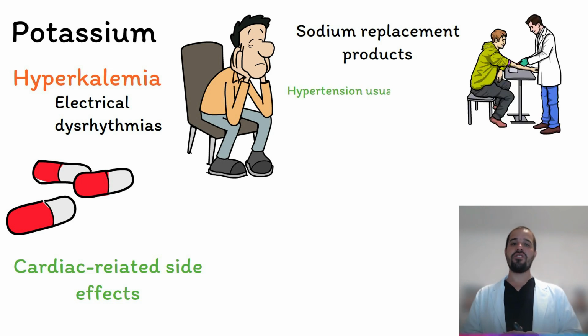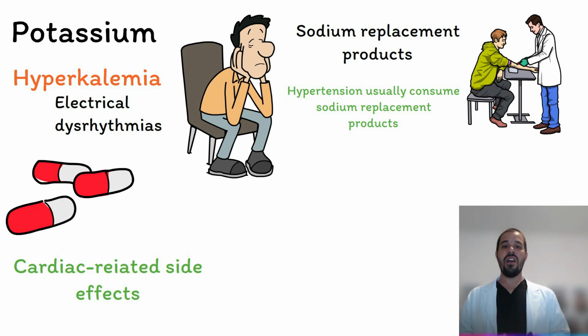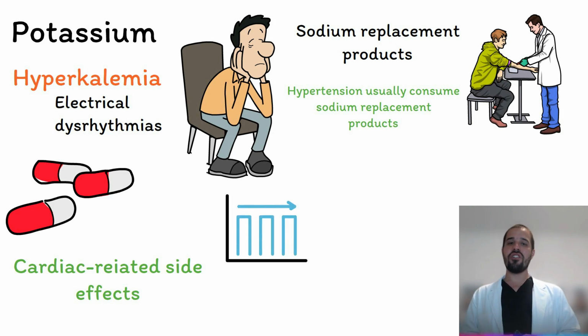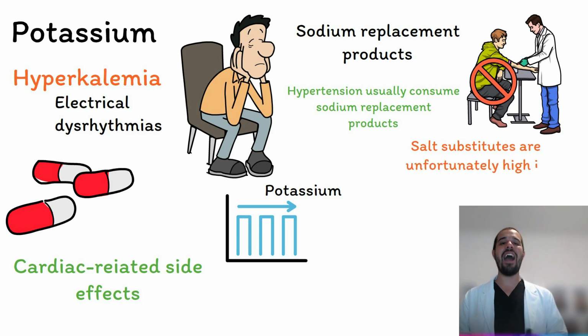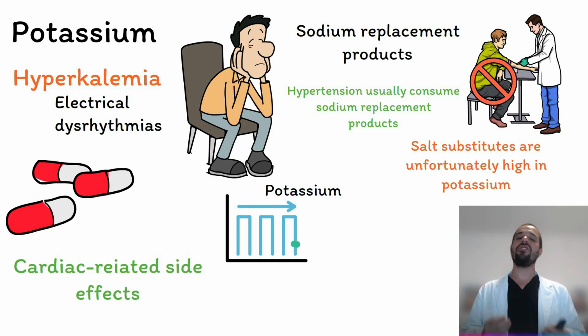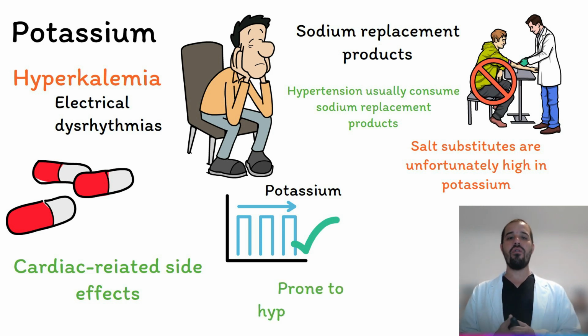Patients with hypertension usually use sodium replacement products. Unfortunately, these products are high in potassium, so they are not to use salt substitutes. If these patients take salt substitutes which are high in potassium, they're more prone to hyperkalemia.